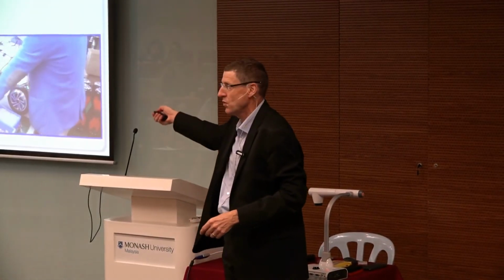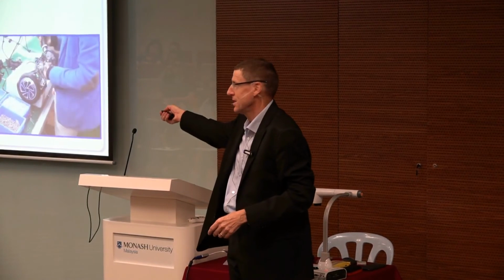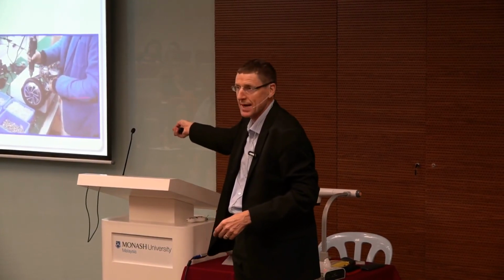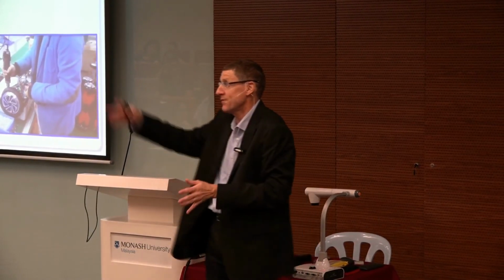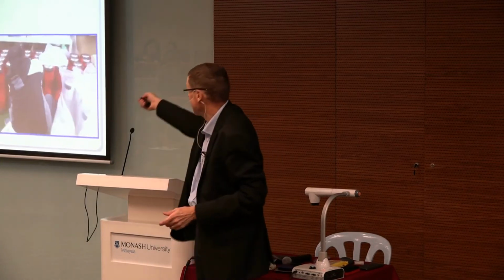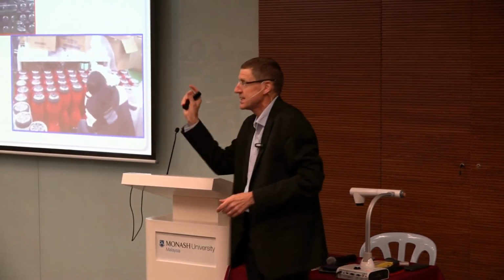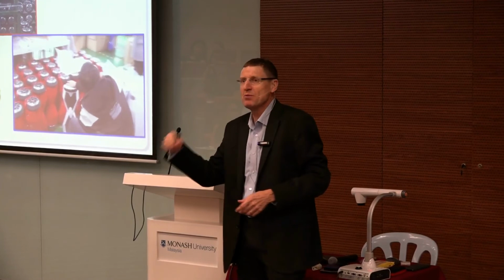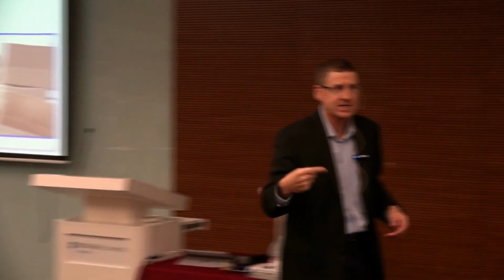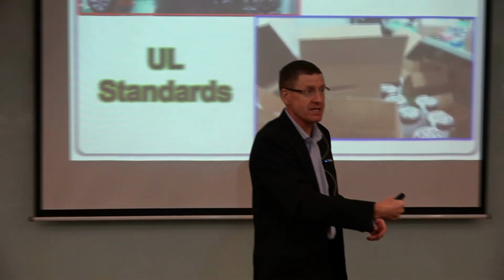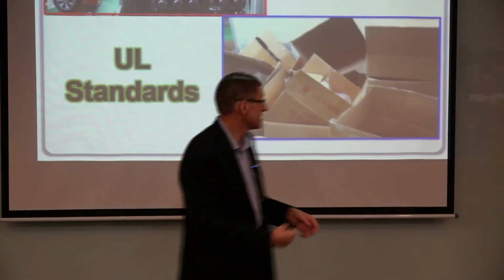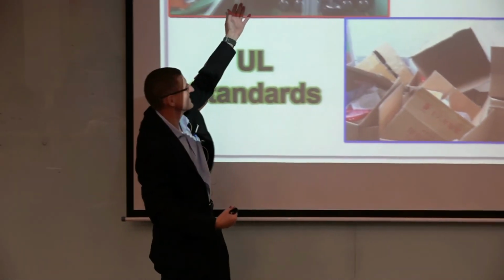Hands up for the blue, hands up for the red. The blue one, much smarter, because he needs to know the 100 different processes. Here, each worker only needs to know one process. So when we talk about re-engineering, it's about changing how things are made. All right? So there's a big difference between here.